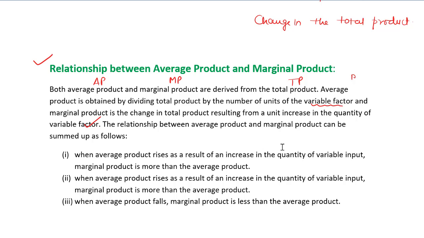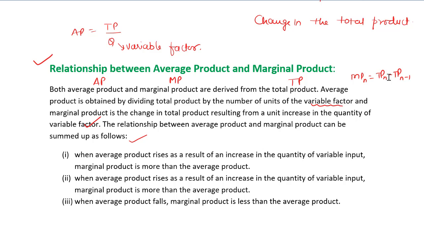So MPn equals TPn minus TPn-1, and average product equals total product divided by quantity of variable factor. The relationship can be summed up as follows.